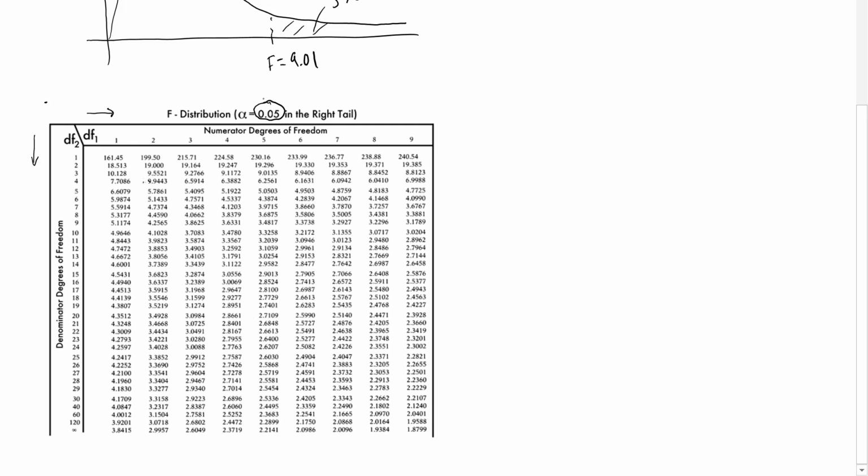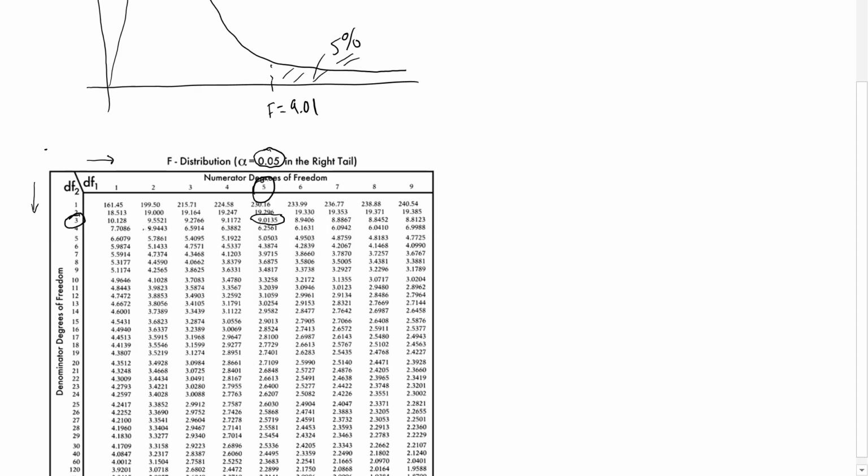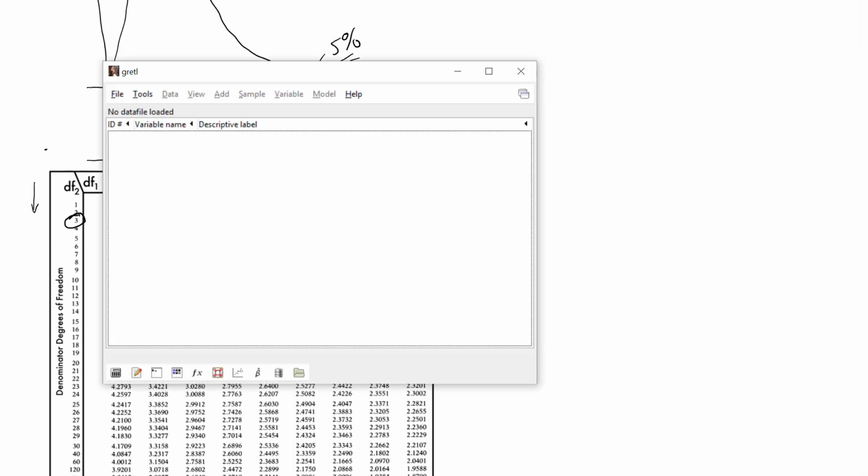So this table is precisely for the 5%, the one that we're looking for here. So DF1 was 5, that's the one we're looking for, and DF2 was 3. So we find here 9.0135, which is also what we found in Excel.